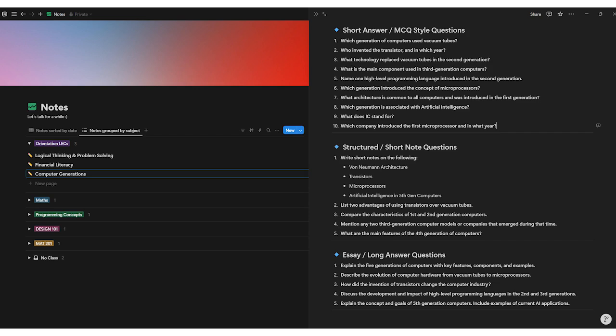Okay, let's move on. What is the main component used in third generation computers? I think it is integrated transistors. Let me look at it. Integrated circuits. I think I was mistaken before.